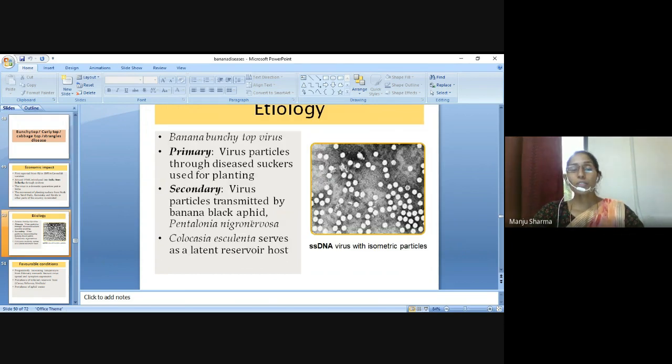Etiology: banana bunchy top virus. Primary: virus particles through diseased suckers used for planting. Secondary: virus particles transmitted by banana black aphids, Pentalonia nigronervosa.